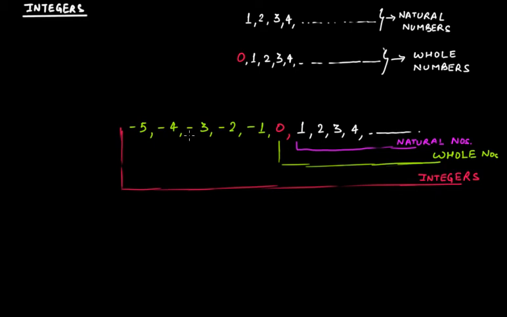So if we bring in negative numbers in the set of whole numbers, then that becomes integers. So integers are nothing else but the negative numbers with 0 and with all the positive numbers. So it can be -6, it can be further -7, it can be -8.